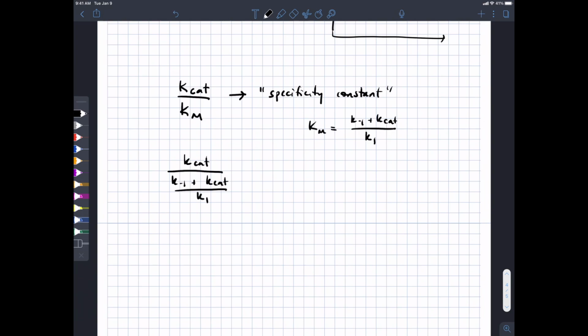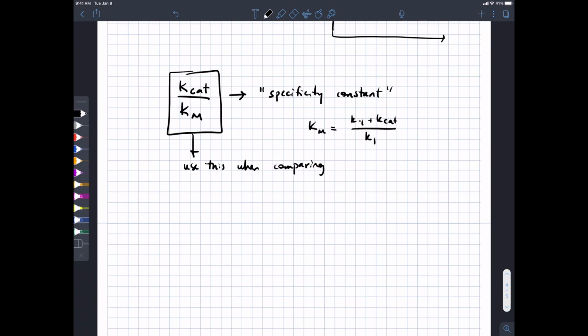I don't know. For our purposes, and we don't need to push it any further than this, you can use this when comparing catalysis of different substrates, where you want to see both the effects of different binding of the enzyme to the substrate and different rate of the reaction happening.